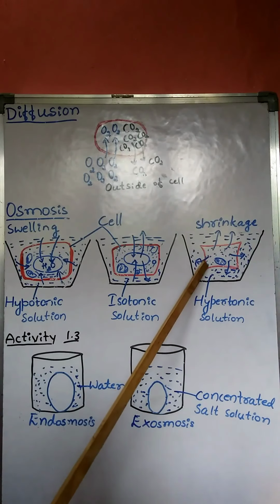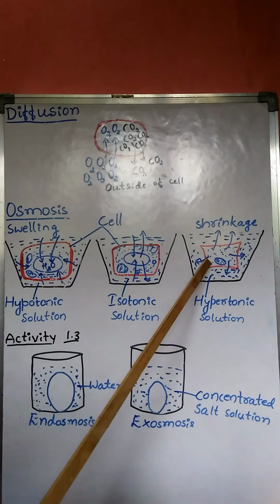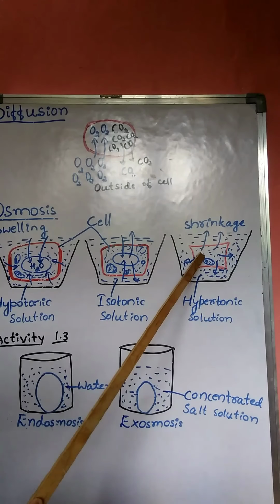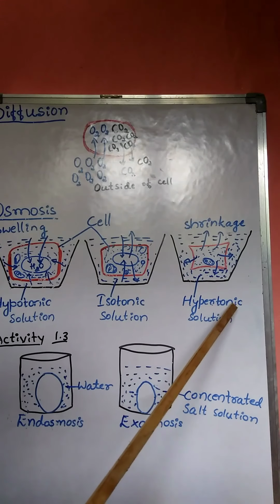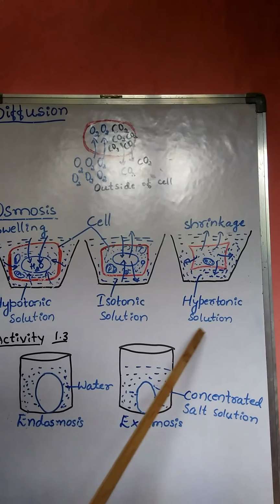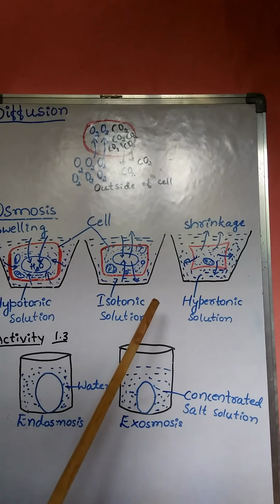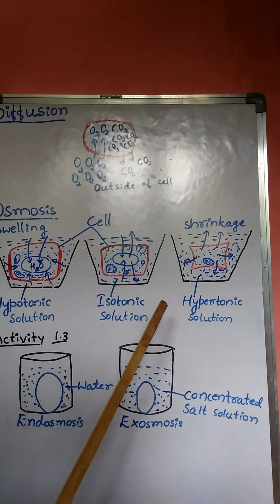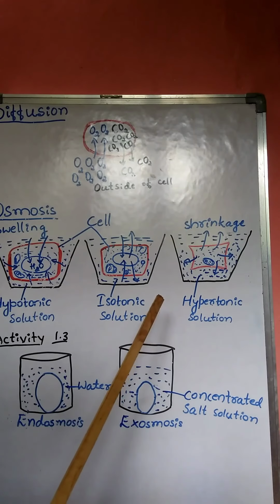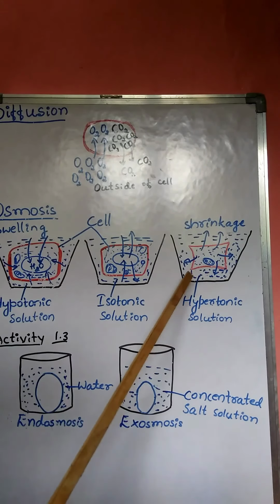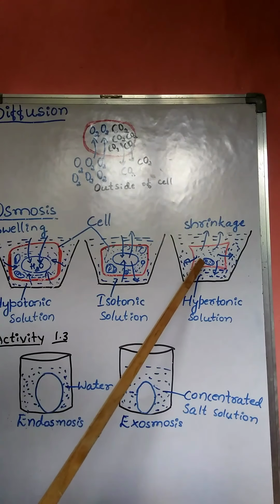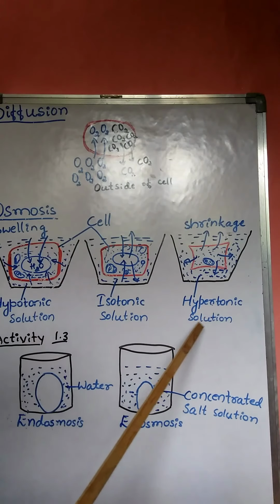So the shrinkage of protoplast due to exosmosis when a cell is placed in hypertonic solution is called plasmolysis.